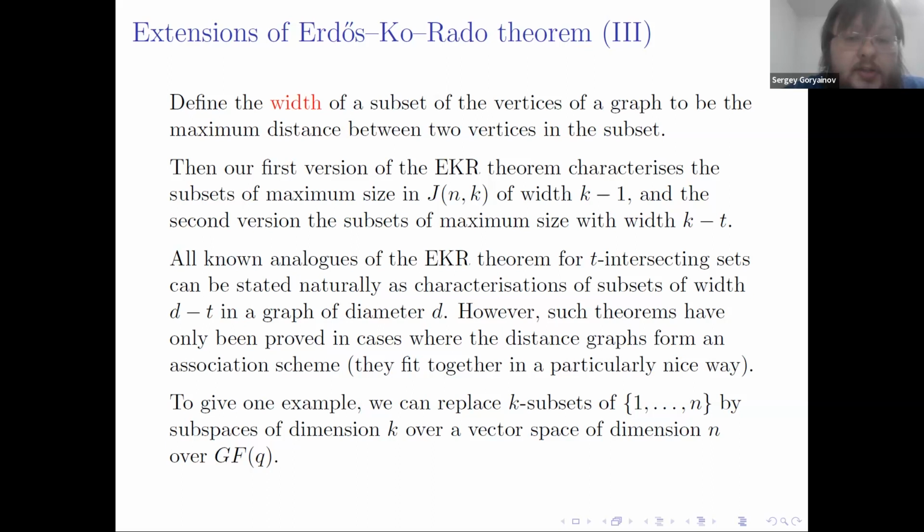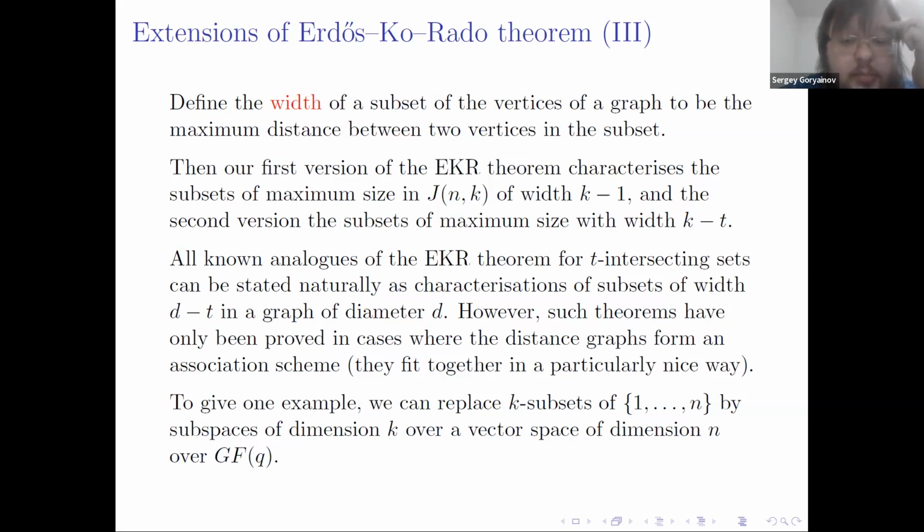All known analogues of the Erdős-Ko-Rado theorem for t-intersecting sets can be stated naturally as characterizations of subsets of width d minus t in a graph of diameter d. However, such theorems have only been proved in cases where the distance graphs form an association scheme, that is, they fit together in a particularly nice way.